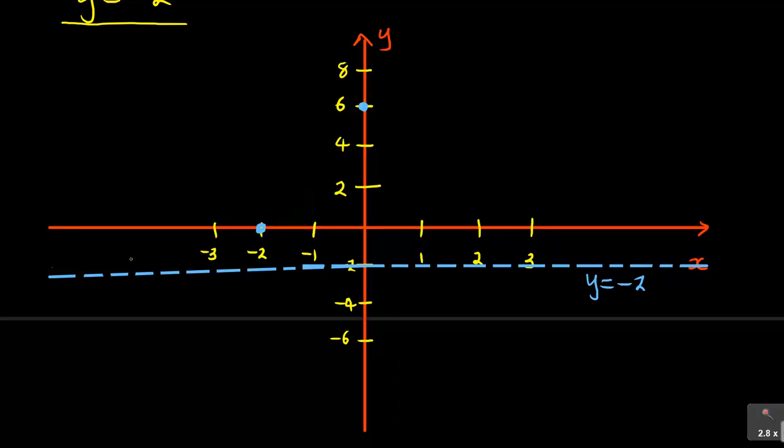Going up, let me try it again. So you have a graph like this, and it is going like that. We have a graph of this nature.